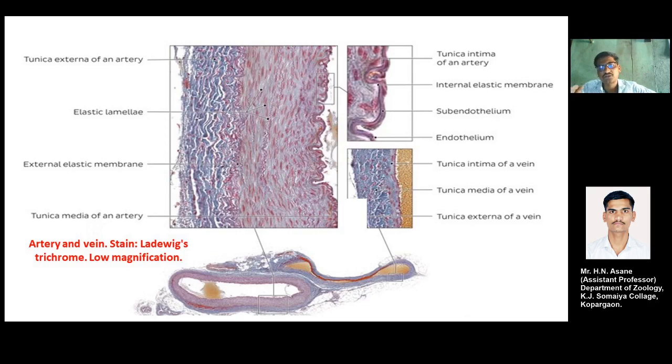If you see the tunica intima of the vein, it is quite thicker, and so are the tunica media of the vein as well as the tunica externa. So this is the comparison between the tunica intima, tunica media and tunica externa of arteries with the vein.